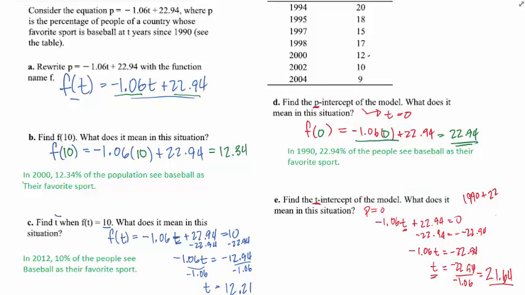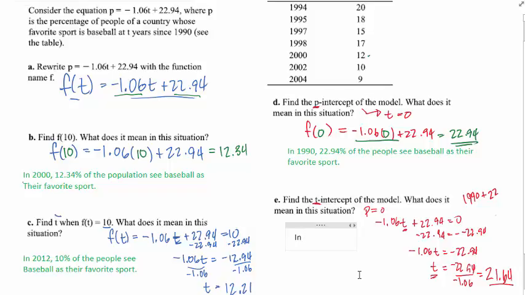So what does that mean? Remember that t is a time, and in this case t is 2012, and the percentage p is the percentage of people who like baseball as their favorite sport, and p in this case is equal to 0.